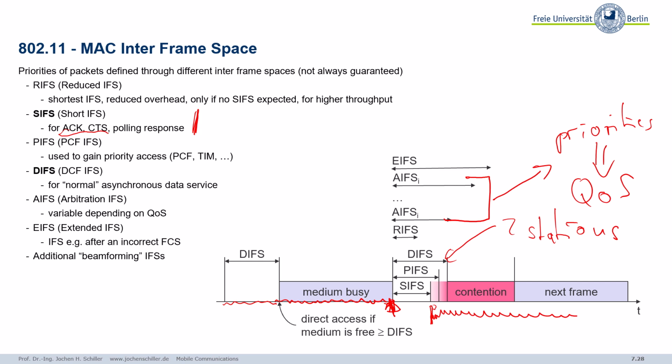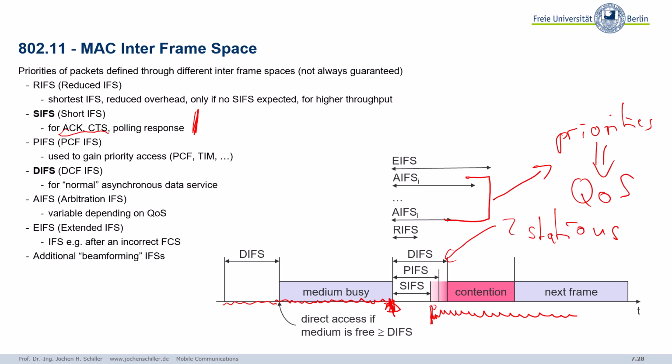If you have a higher priority, then you wait for shorter AIFS time. And this can more or less statistically guarantee a certain higher priority. So if you have a shorter waiting time, you will always win over the stations with a longer waiting time. That means data streams with lower priority.